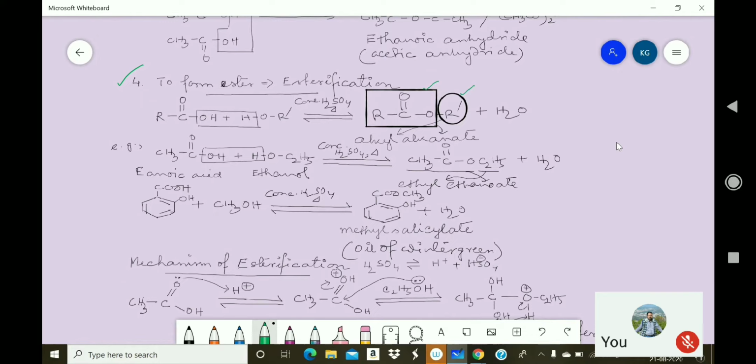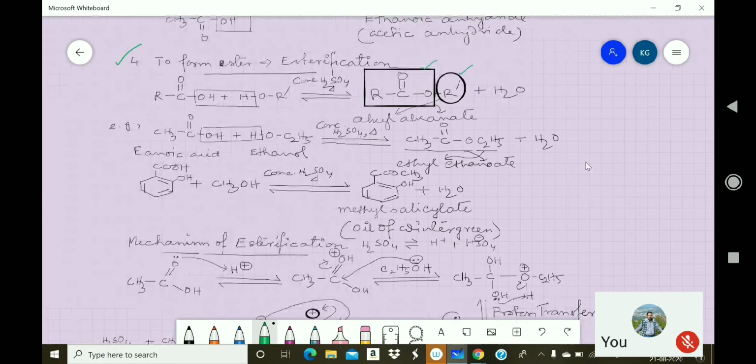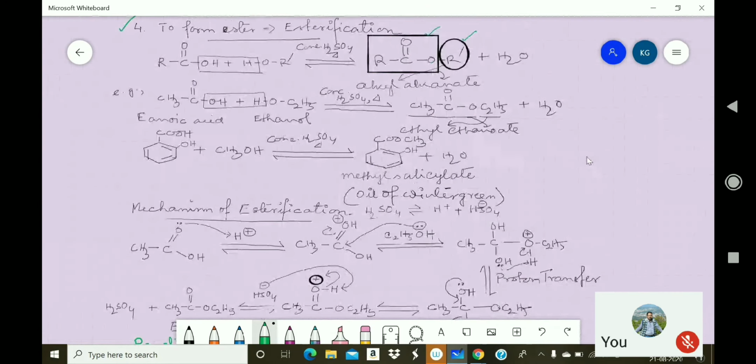Now, as an example, when ethanoic acid and ethanol are heated in presence of concentrated sulfuric acid, then water is removed to give rise to ethyl ethanoate, ethyl acetate. In IUPAC it is ethyl ethanoate. In common name it is ethyl acetate.